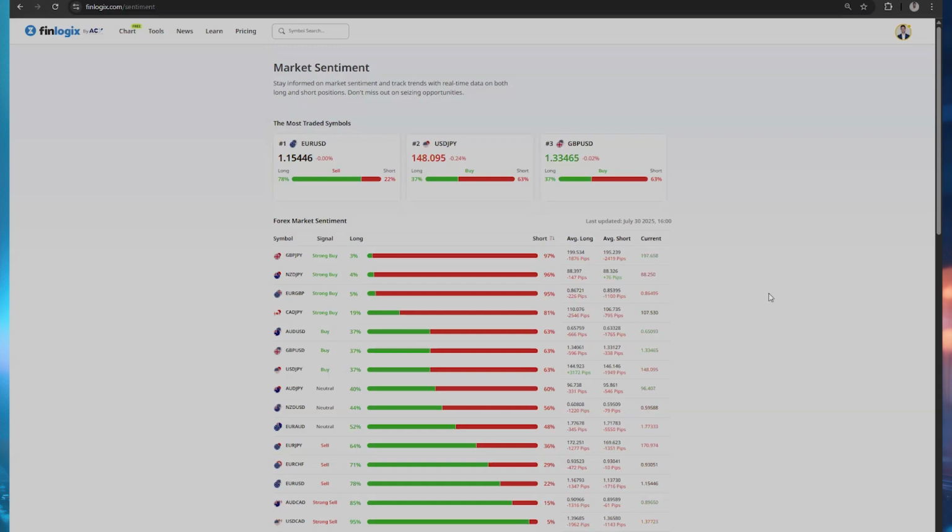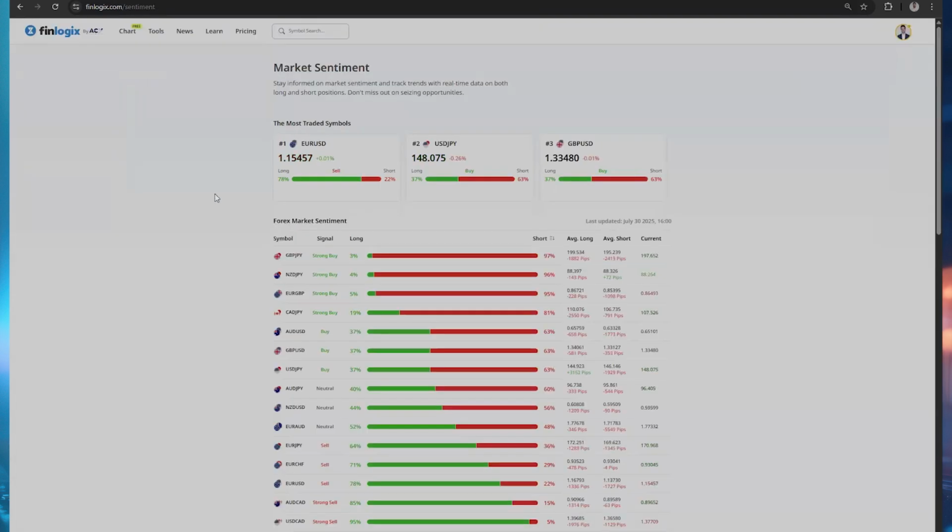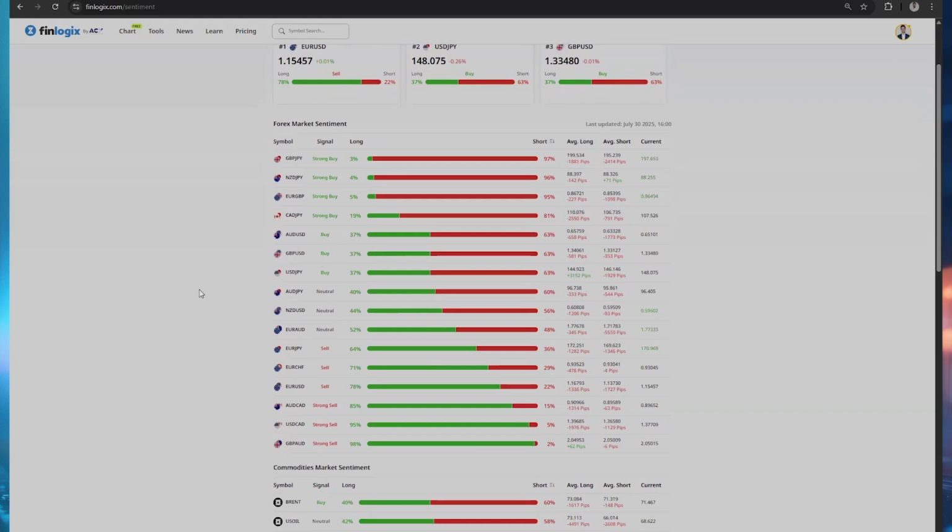I've selected a few that, from my understanding and opinion, would be the best ones so far for this week. These are the ones I mentioned at the beginning: US dollar, Japanese yen, euro dollar, Aussie dollar, and Aussie CAD. So we're going to be looking at those today.